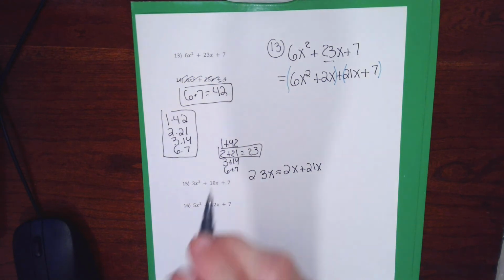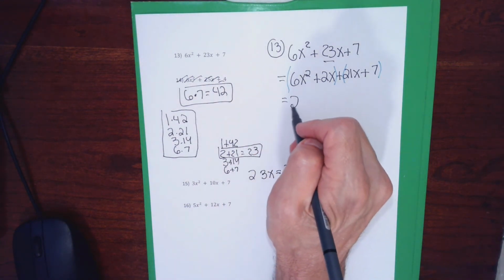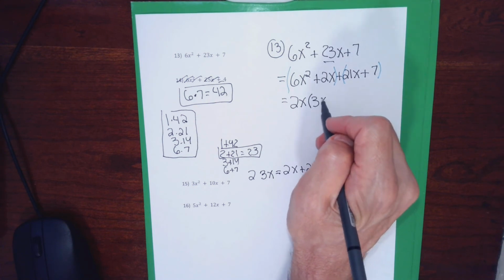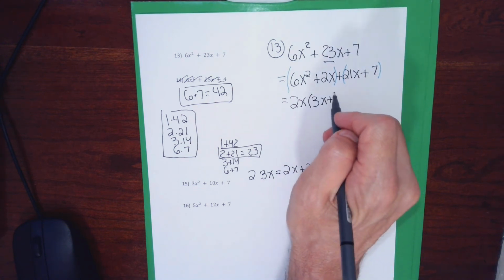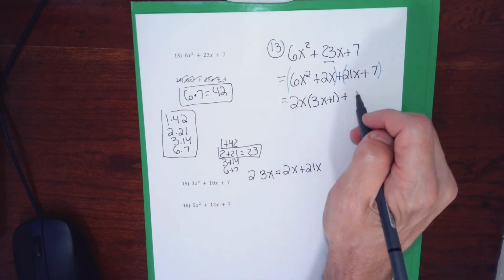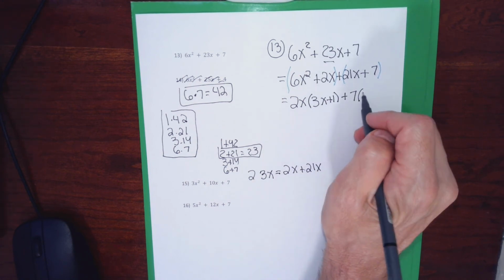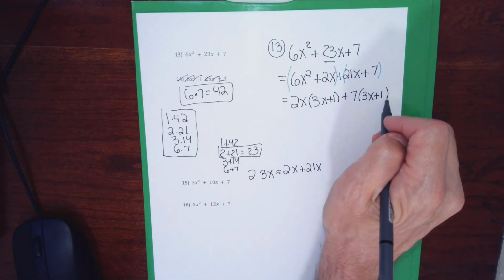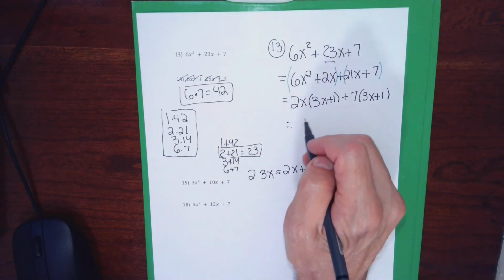First parentheses, I'm going to pull out a common factor of 2x, be left with a 3x plus 1. Second one, I'm going to pull out a common factor of 7 and be left with a 3x plus 1. So hopefully you can factor by grouping without me going through each step.